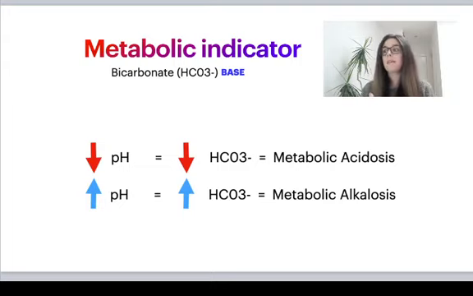The opposite with metabolic alkalosis, where our pH is higher and outside of our normal reference range, and our bicarb will also be higher. They trend together. If you can remember that, it's a really good little trick: in a metabolic process, we look at the pH and the bicarb, and both will be trending together.